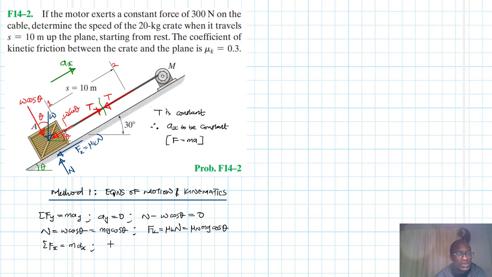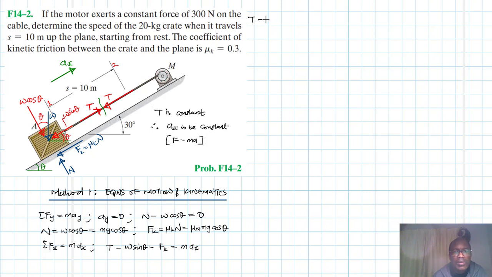So summation of forces in x: T minus W sin theta minus Fk equals m a x.